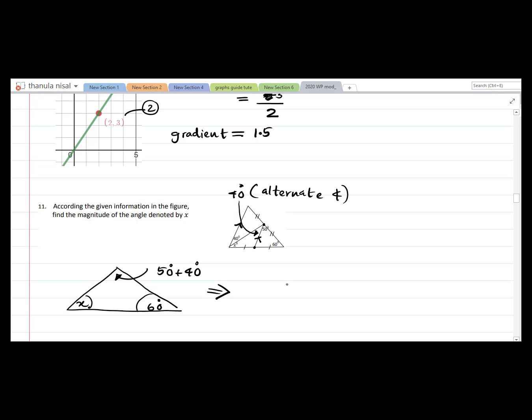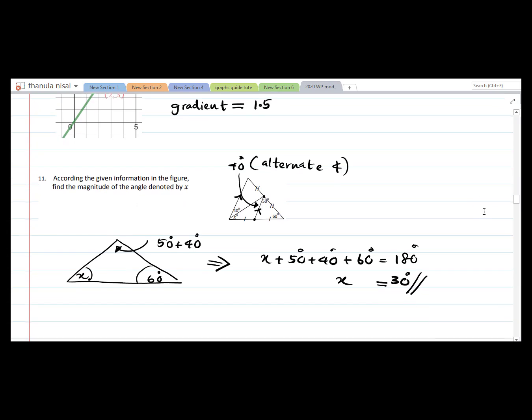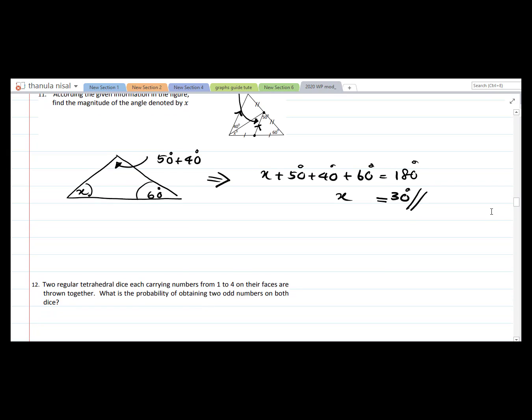What we can do to find x, just add all of these terms and make it count to 180. X plus 50 plus 40 plus 60, that is equal to 180. Therefore we can find x as 30 degrees. Hope it's clear. Okay, let's jump to question number 12.